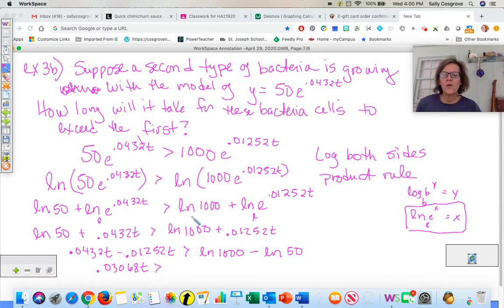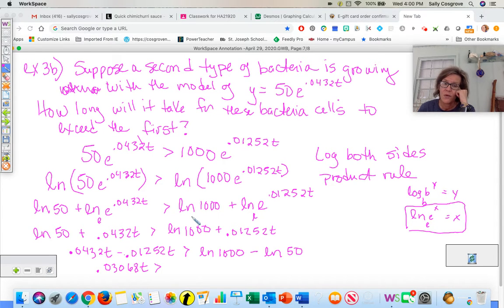So now over here, this is subtraction going on. We could condense these if you want. We could say the natural log of 1,000 divided by 50. We could do that, or you can just say the log of 1,000 divided by the log of 50.